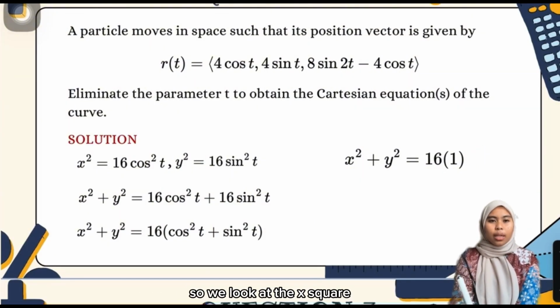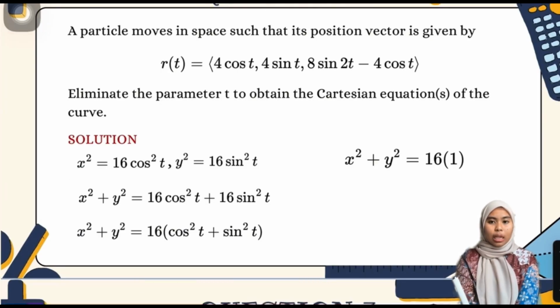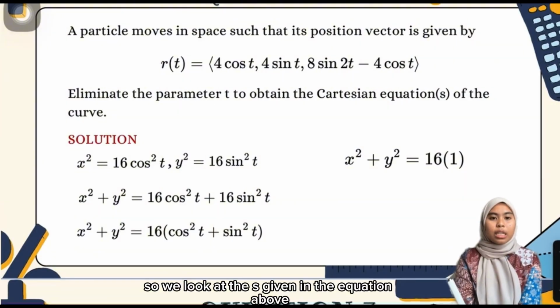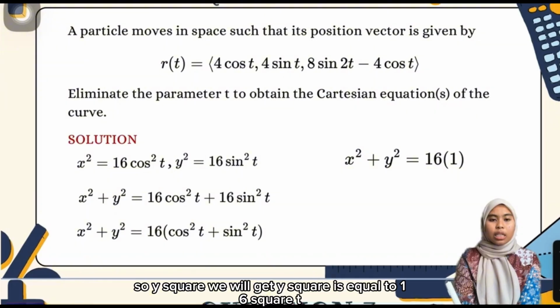So we look at the x squared. x squared is equal to 16 cos² t. So we look at the x given in the equation above. So x is 4 cos t, while y is 4 sin t. So y squared, we will get y² = 16 sin² t.